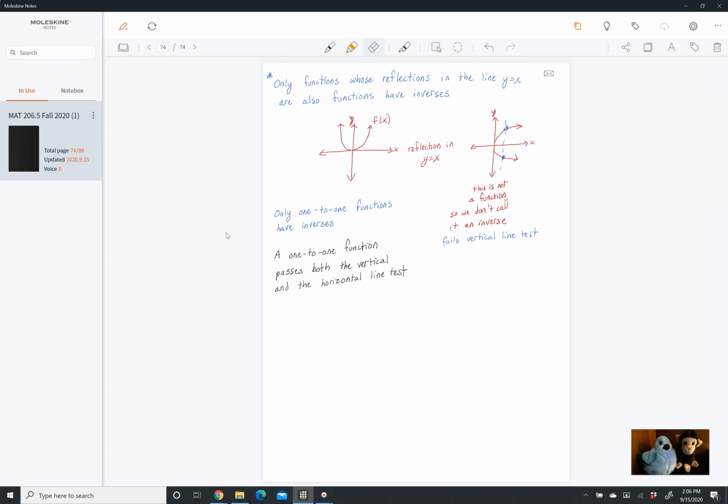What we're saying is for every input, there's only one output. That's the vertical line test. But it also goes the other way. And for every output, there is only one input.